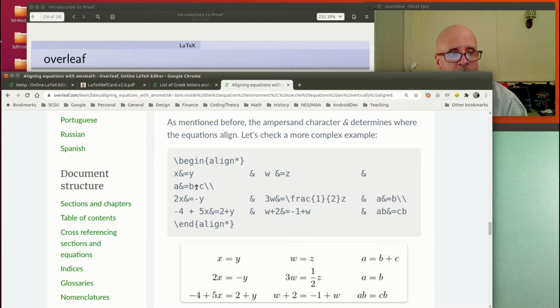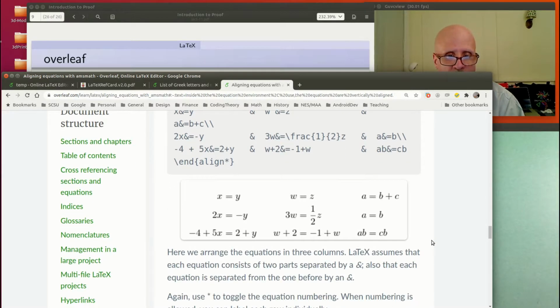A, alignment equals B plus C. So that creates X equals Y, Y equals Z, and A equals B plus C, separated from one another nicely. And then you notice the other stuff underneath has the same rough skeleton, and all the things vertically get aligned in nice columns. That's pretty, right? Well, we're gonna cheat and use that alignment feature to make our two-column proofs.